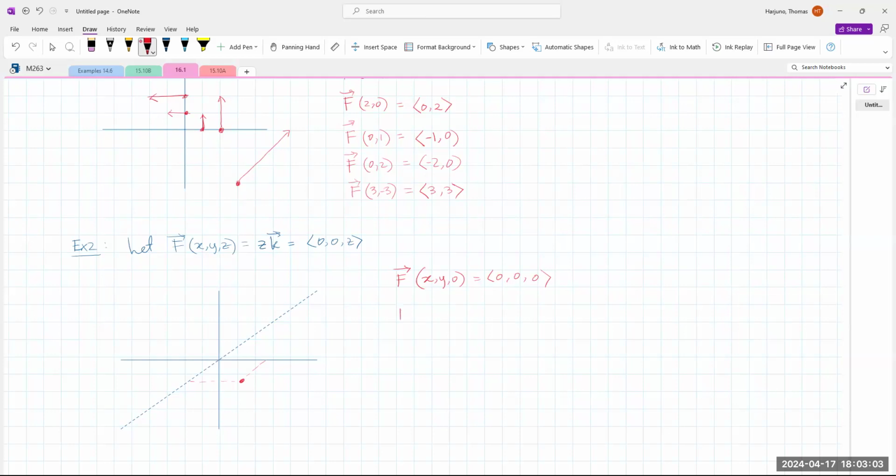However, once you go up a little bit higher, let's say I choose the position (0, 0, 1), let's say here. Okay, and therefore the vector associated to that position is (0, 0, 1), which means at that point I will be pushed up by 1 unit.